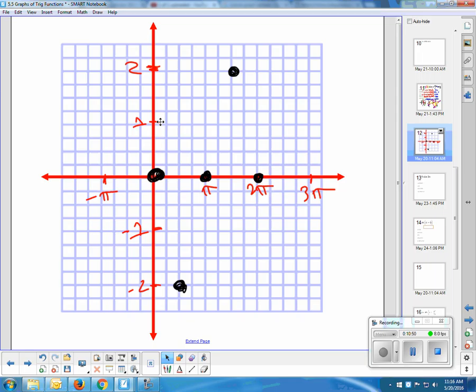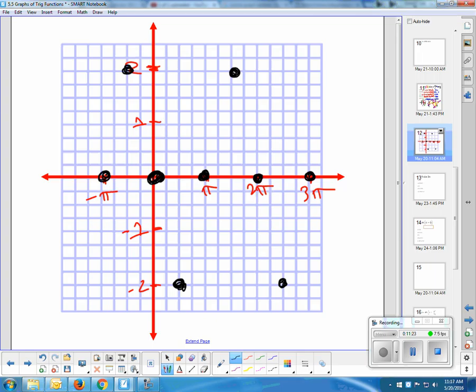I've graphed from 0 to 2 pi, and we decided to graph it from negative pi to 3 pi, so I can simply follow the pattern. I went from a 0 to a minimum, to a 0, to a maximum, to a 0. That will be followed up by a minimum, and then another 0. And working backwards, I would go from a 0 to a minimum, to a 0, to a maximum, and then another 0.